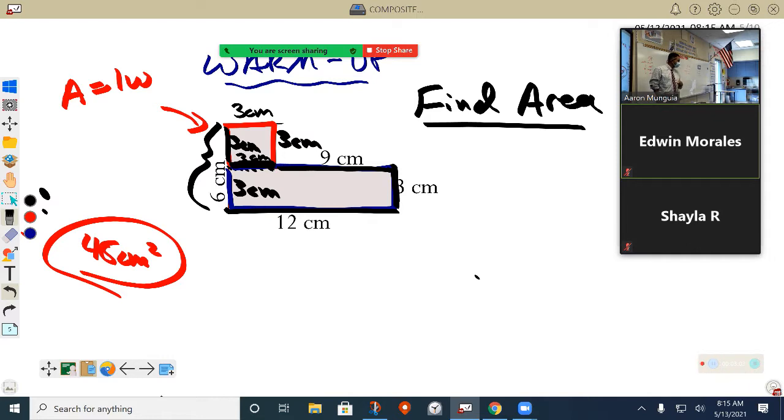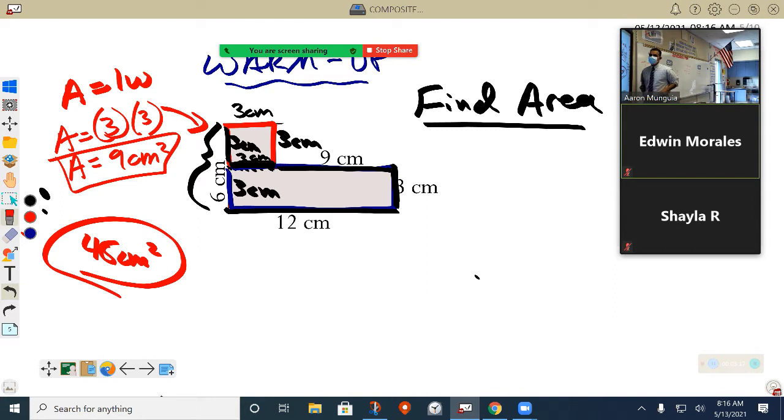Do you get that? Nice. So to find the area of the square then, it's going to be 3 times 3, length times width. So the area of the square, the red square on top, is going to be 9 square centimeters. Beautiful. So we're done with the top square.